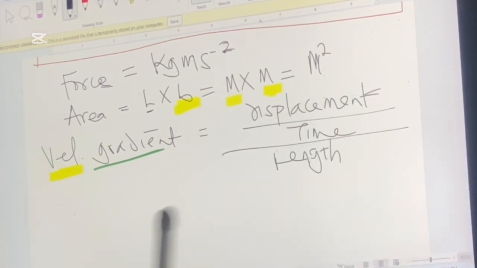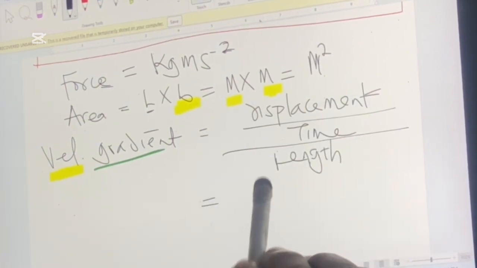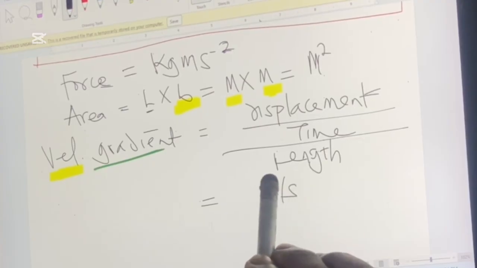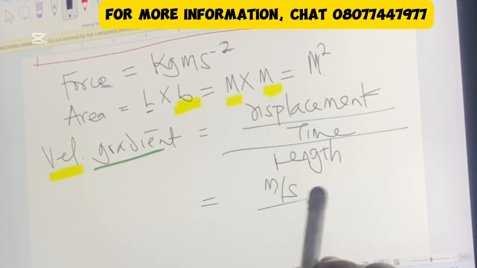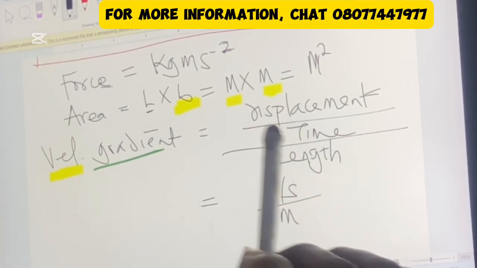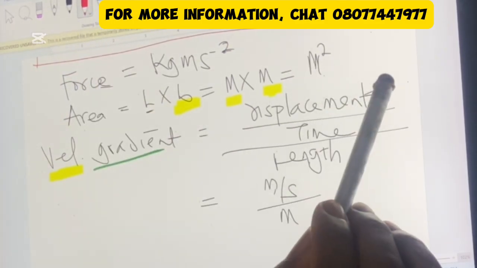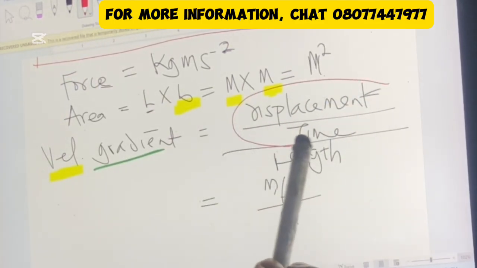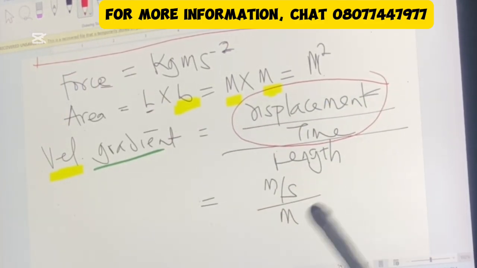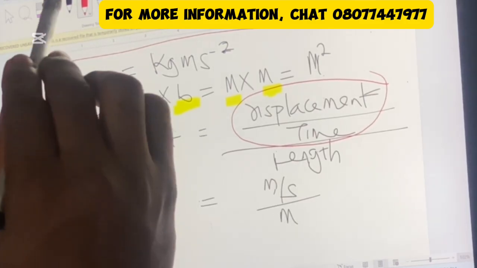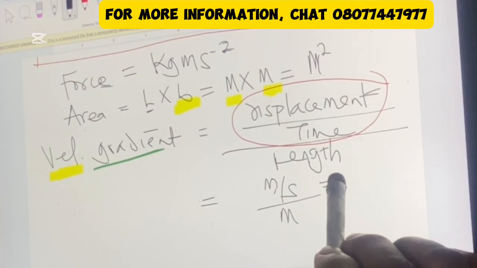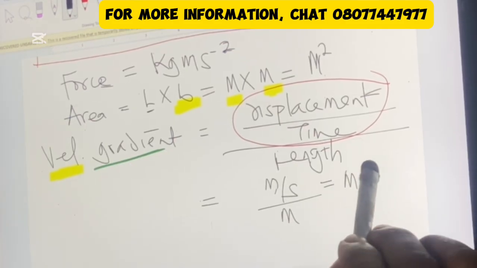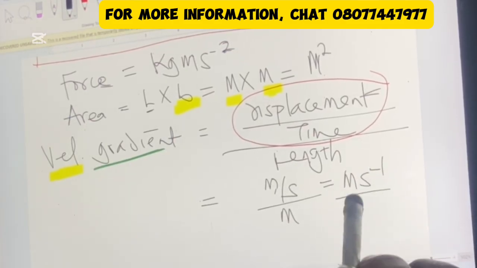Please take note. So the unit is this, meter per seconds over meter. So we know the unit of this, that is meter per seconds over meter. So when you do that, this is the same thing as meter per seconds in a linear form over meter.